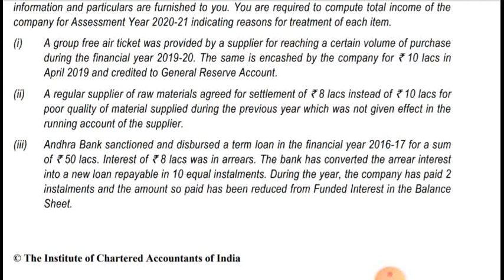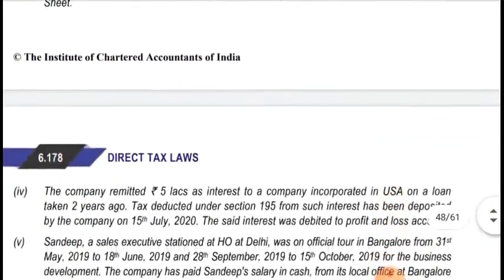When that loan, the interest which is converted into loan, is actually paid, that only will be allowed deduction. So in this case only 2 installments have been paid, so only 1,60,000 will be allowed as deduction. That is 8 lakh divided by 10 installments into 2 installments. Only 1,60,000 will be allowed as deduction. Okay, we'll see the solution.